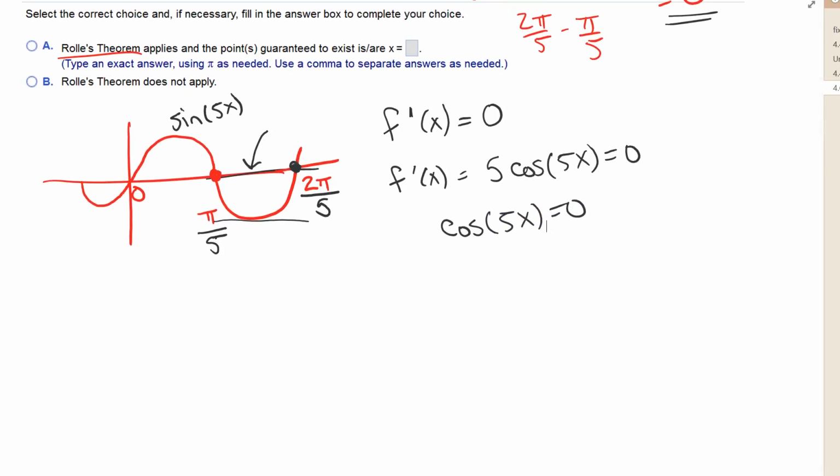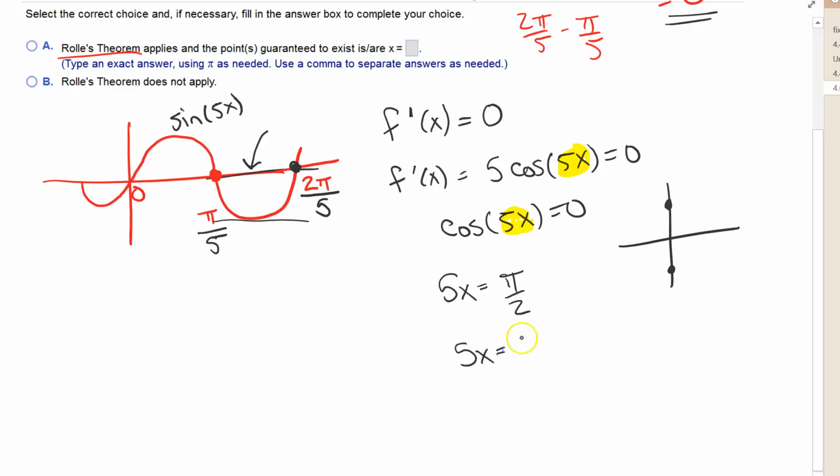If you recall from trig, cosine equals 0 at pi over 2 and 3 pi over 2, but that's just cosine, and we have cosine of 5x here. So we're really looking at when 5x equals pi over 2 and 5x equals 3 pi over 2. This is when x is pi over 10 or x is 3 pi over 10.